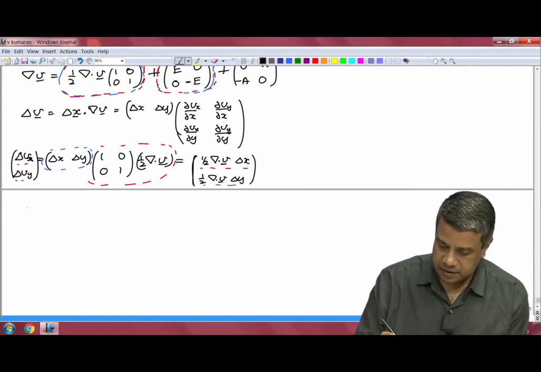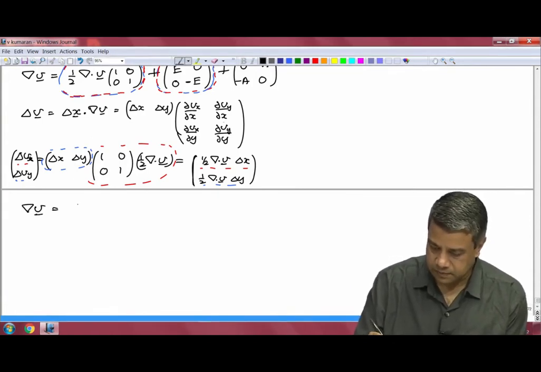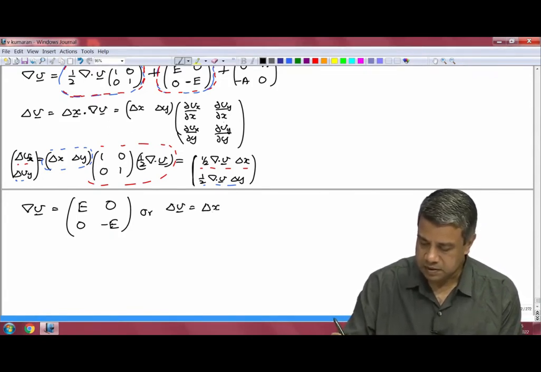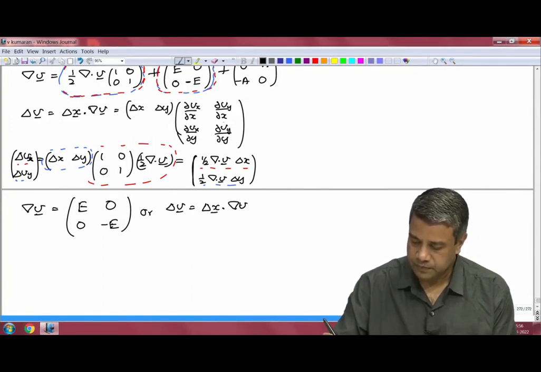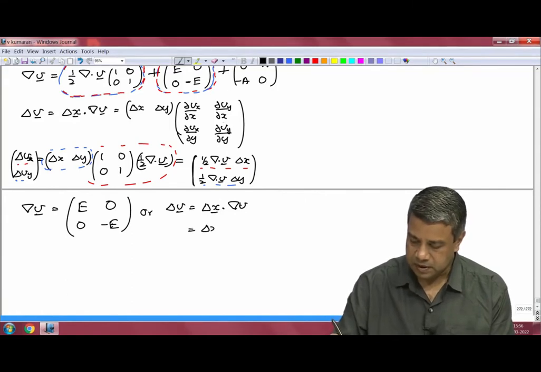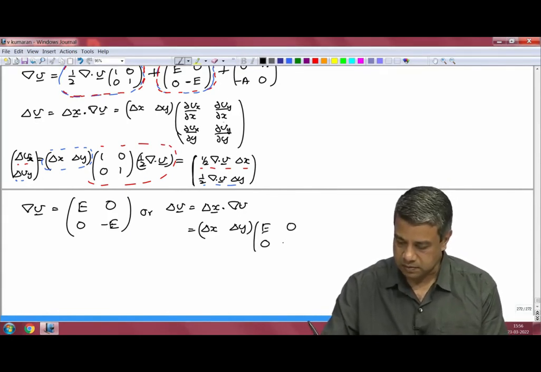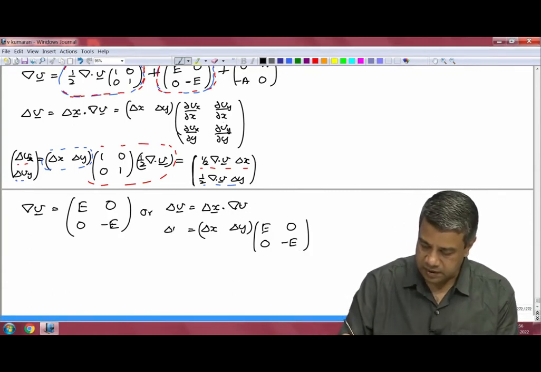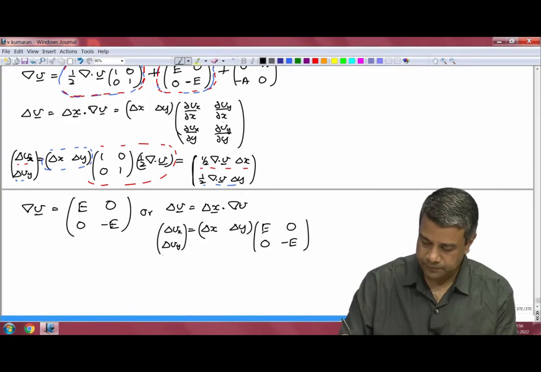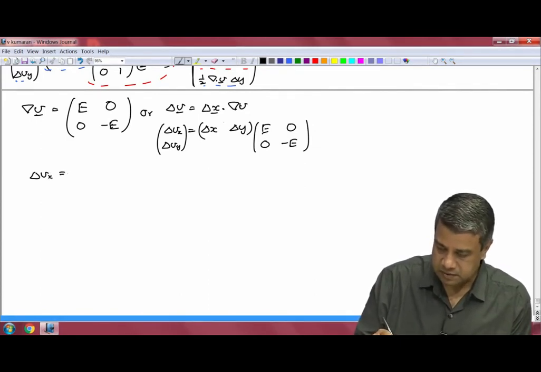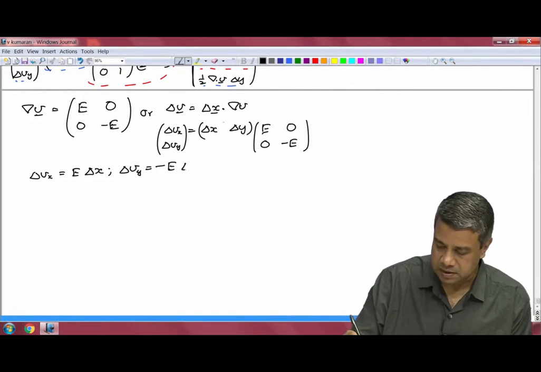So, the deformation for this symmetric traceless part is grad V equal to the matrix E, 0, 0, minus E. Or delta V is equal to delta x dotted with grad V, which is equal to delta x and delta y times E, 0, 0, minus E. This gives delta V x and delta V y, which means that the relative velocity between nearby points is delta V x equal to E delta x and delta V y equal to minus E times delta y.